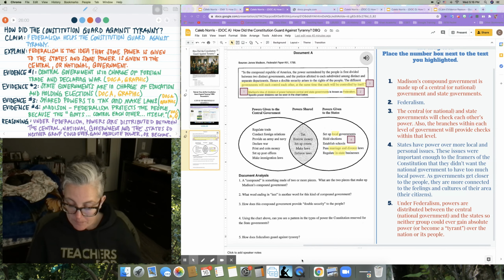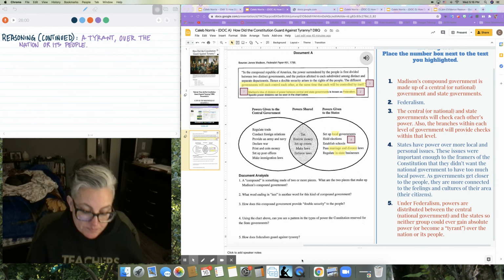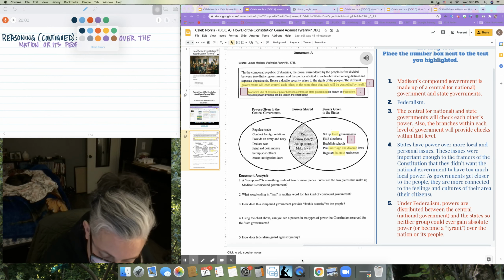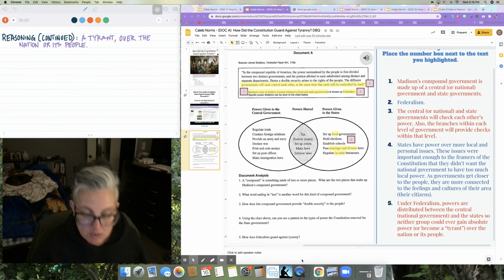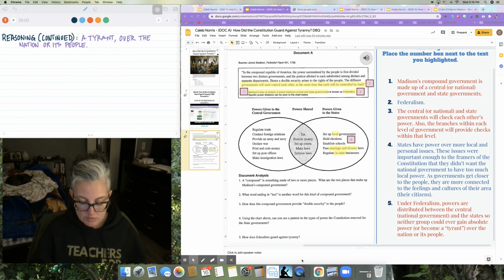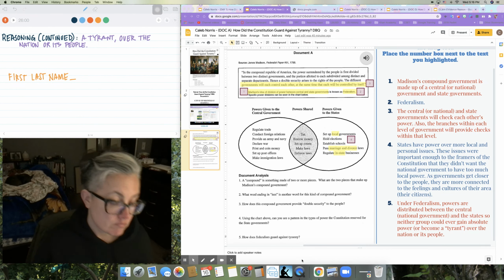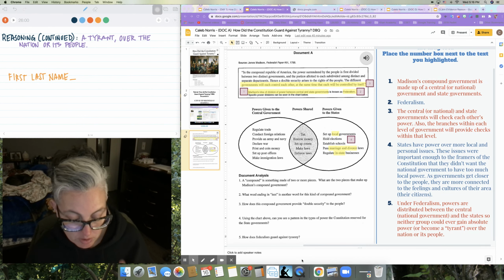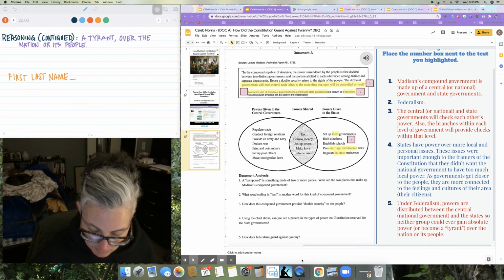I'll put it on the next slide here. You're going to rename your picture. So take your screenshot and then rename it with your first and last name, and then underscore, which is on your keyboard, underscore paragraph outline.